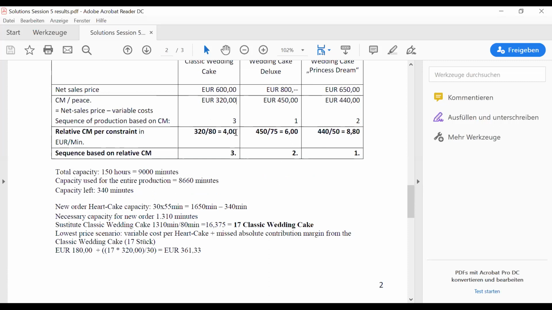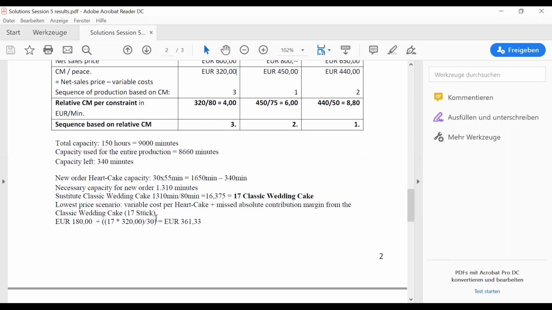So the 4 euros depend on the production. It's to calculate the constraints of production. But the actual costs that we need to add here is obviously the absolute contribution margin.